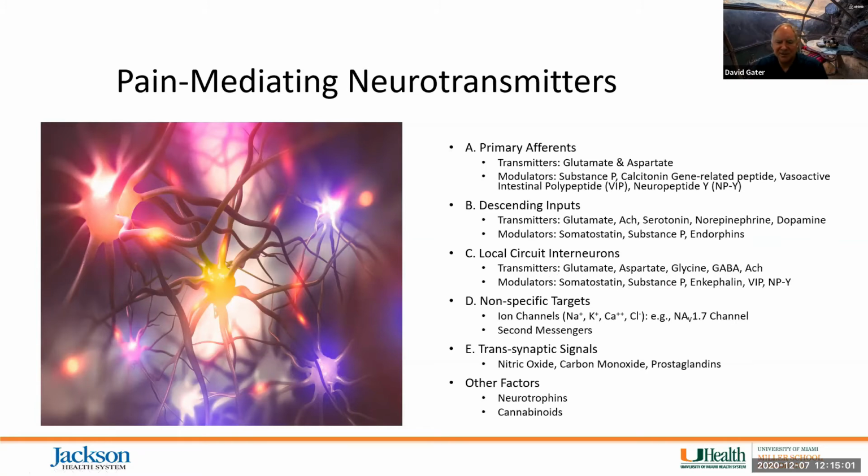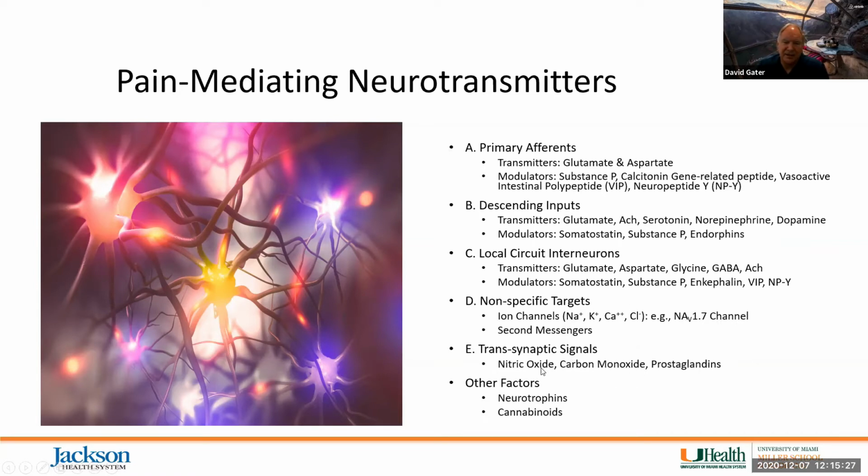And then you have non-specific targets. So most cells have these ion channels, but some of these, so for example, the sodium voltage gated 1.7, these are particularly susceptible or provide conductivity for pain. And then you have second messengers that will also interact on these.